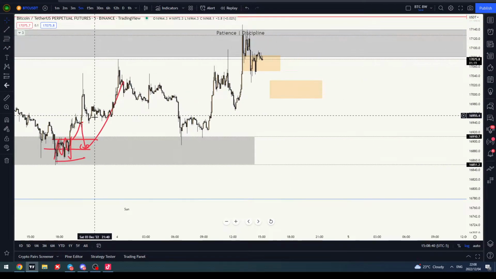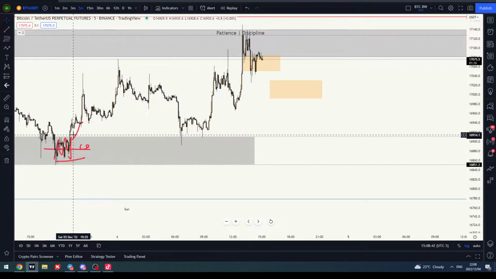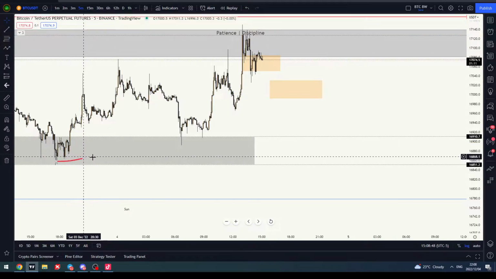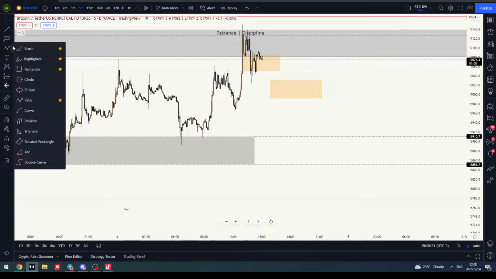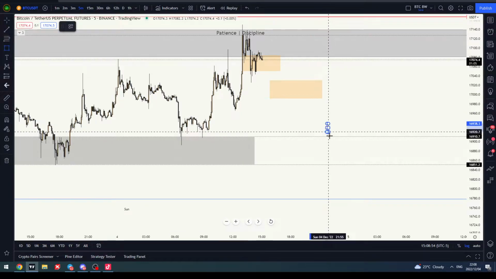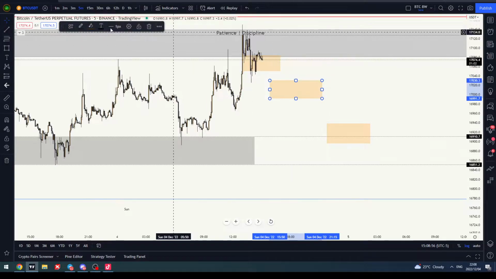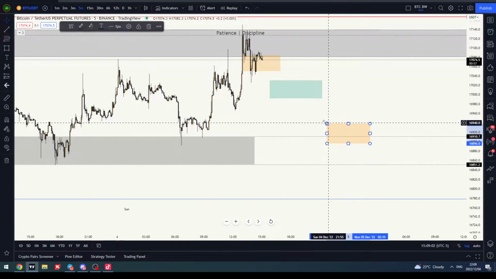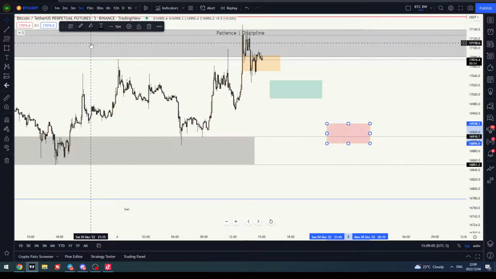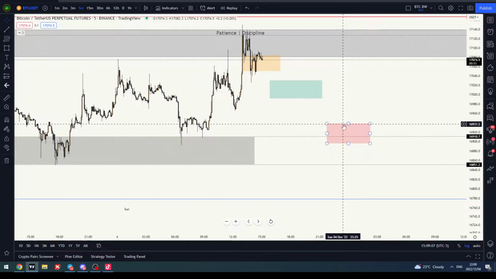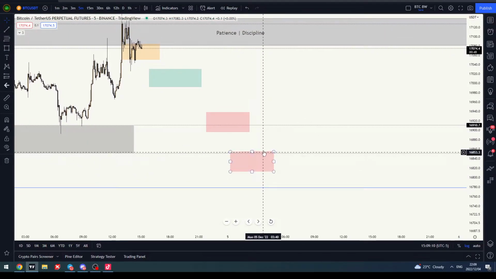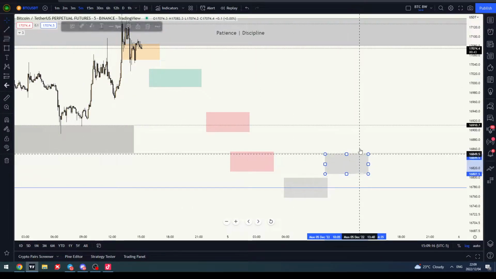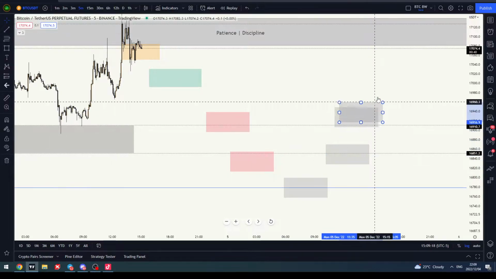Other times, if you're using a market maker sell model in this case, you won't get something like that because these models will look to consolidate and use up internal range liquidity. So let's make this green, let's make these red. Let's do another one down here and another one down here, and then we have these up here, and finally up here.